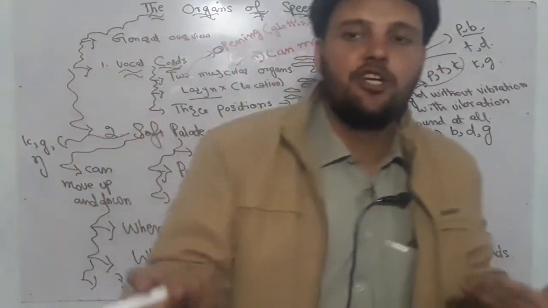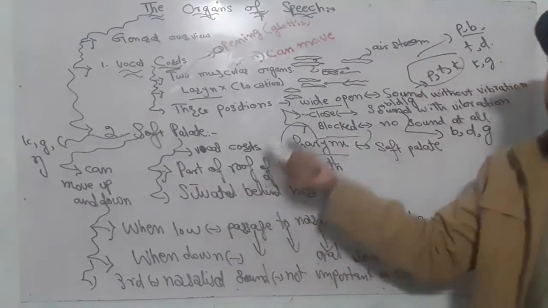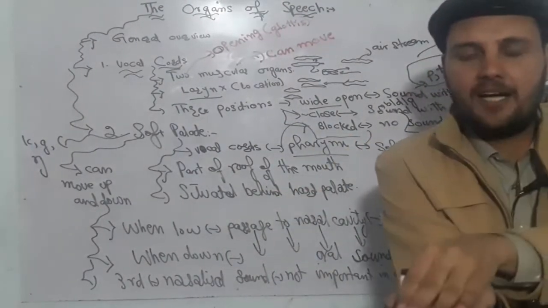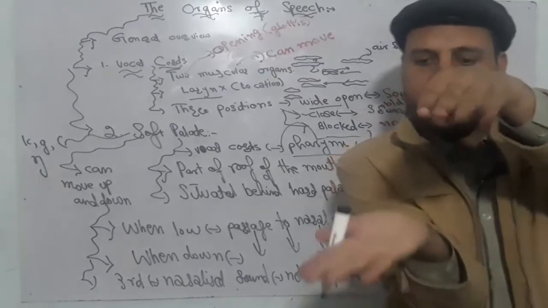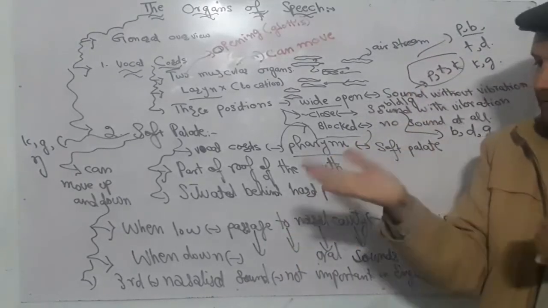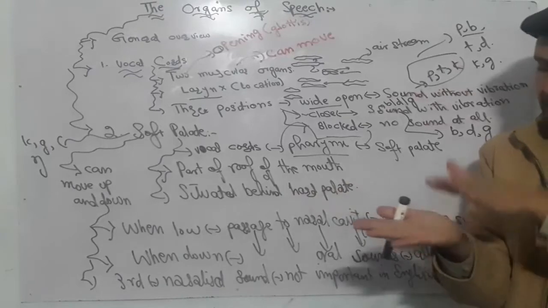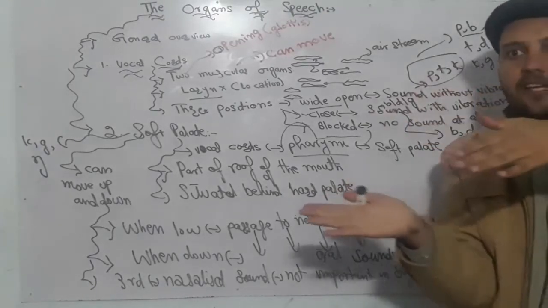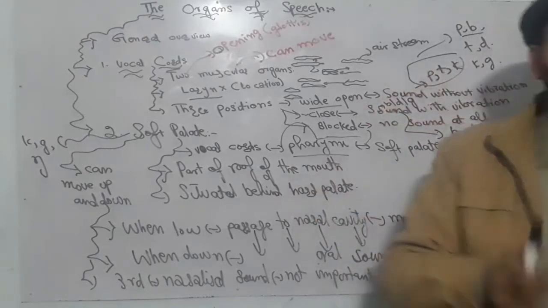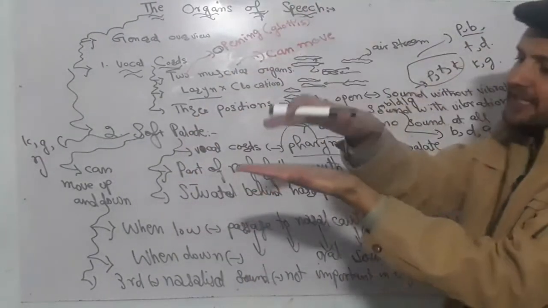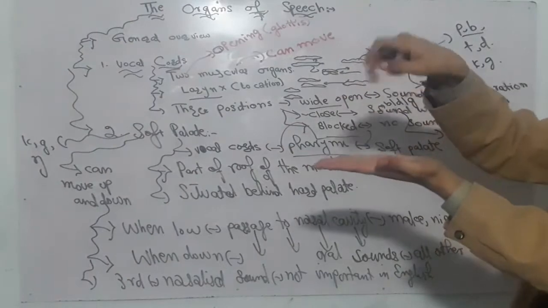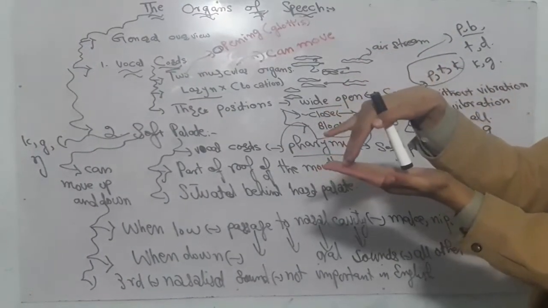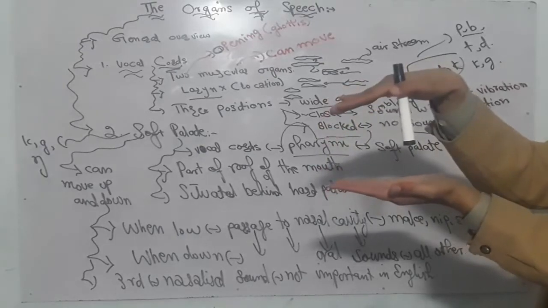What is the soft palate? The soft palate is the last part of the roof of the mouth. You can compare it with your tongue. Because everything is inside my mouth, I can't show you, I can just try to show you with my hands. If this is your tongue and this is the roof of your mouth, this is the first part of your tongue.